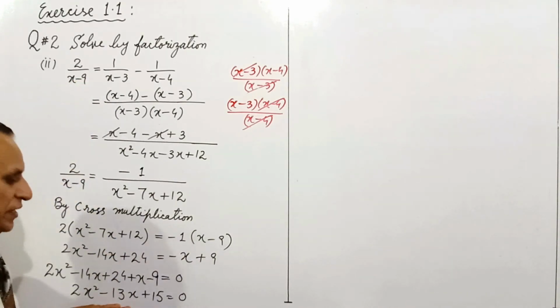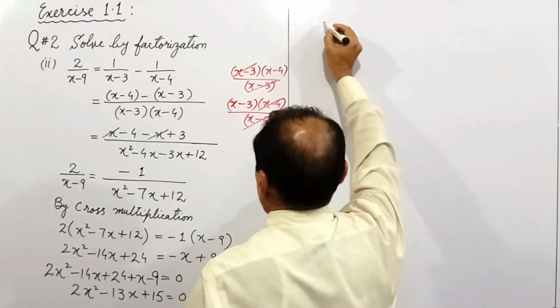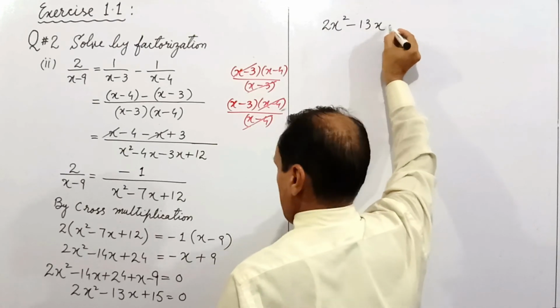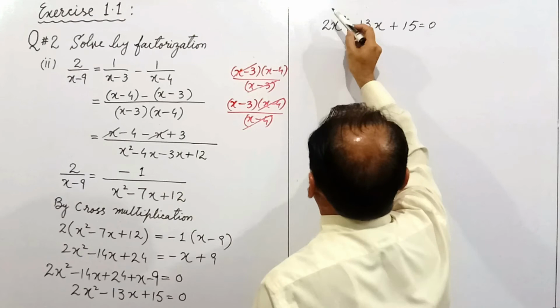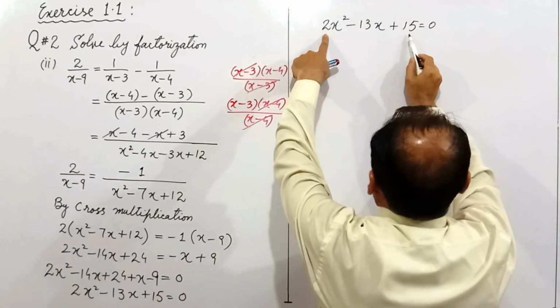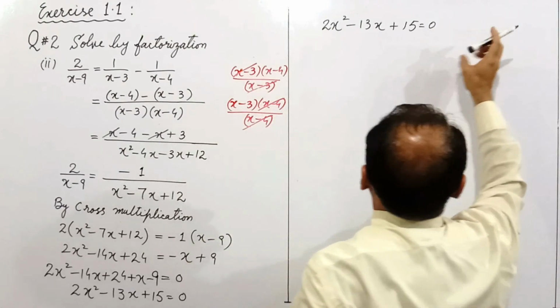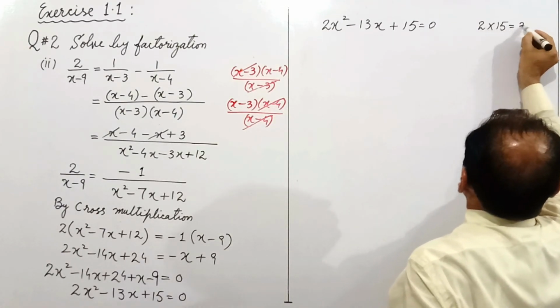Now we do its factorization by using the method of mid-term breaking. We rewrite this equation: 2x square minus 13x plus 15 is equal to 0, and we find the product of 2 and 15, the leading coefficient and the constant term. 2 multiply 15 is equal to 30.